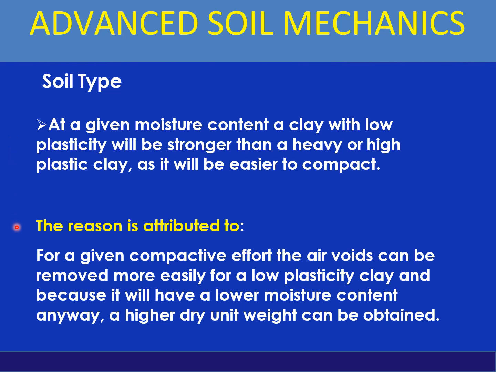The reason is attributed to this: for a given compactive effort, the air voids can be removed more easily for a low plasticity clay, and because it will have a lower moisture content anyway, a higher dry unit weight can be obtained.